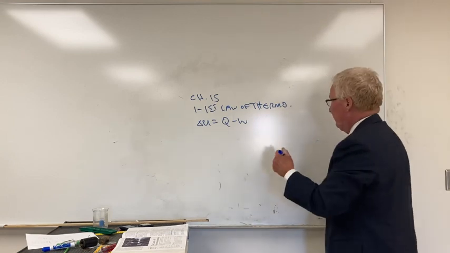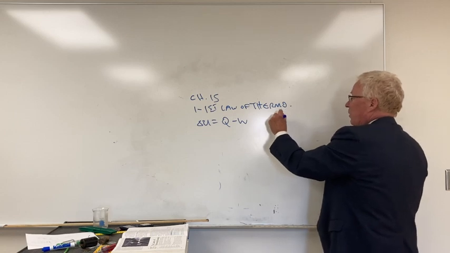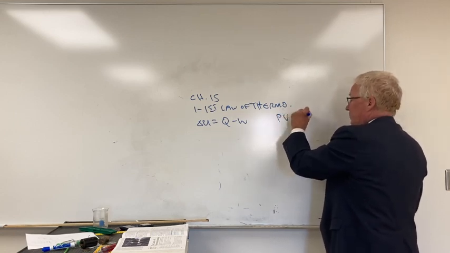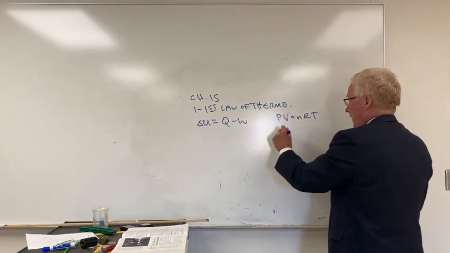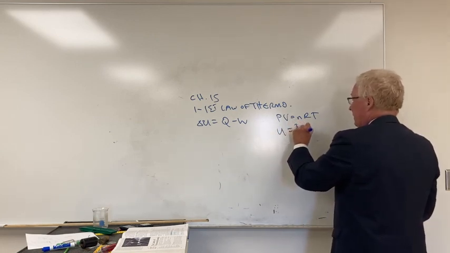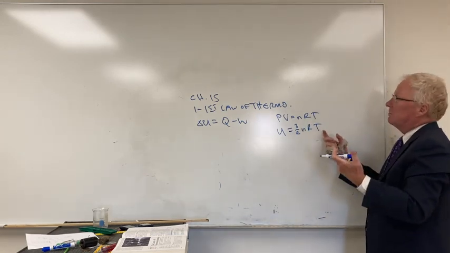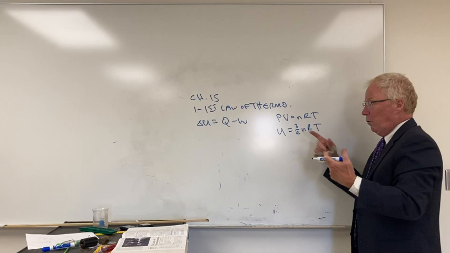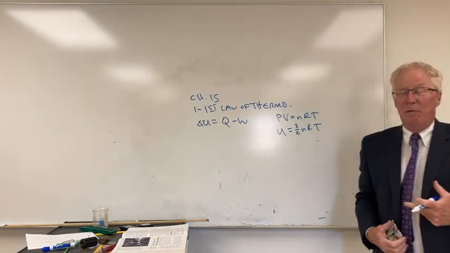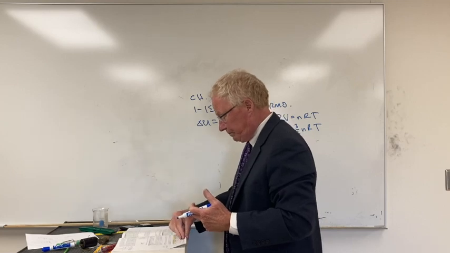Most of it is with gases, where we have the ideal gas law, PV equals nRT, and internal energy is given by 3/2 nRT. So the change in internal energy is with the temperature, and we're always using degrees Kelvin for these problems. So that's the first law there.